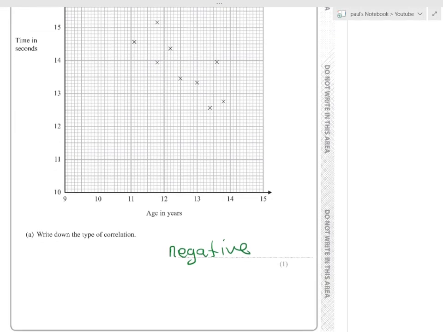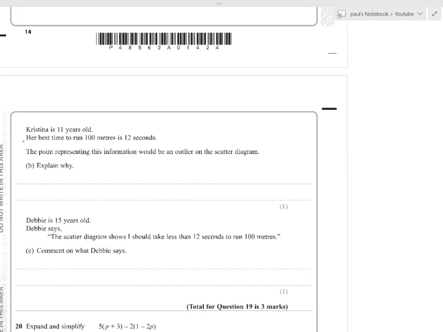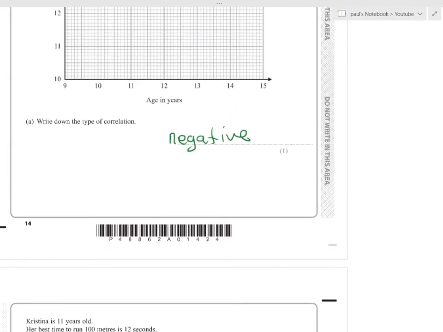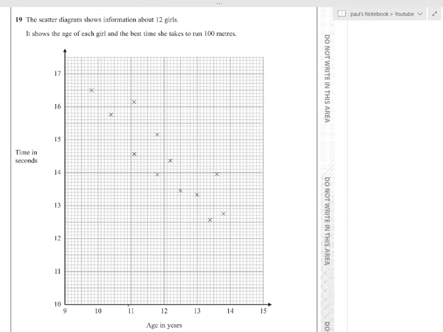Right, so okay. There must be more. Christina is 11 years old. Her best time to run 100 meters was 12 seconds. The point representing this information will be an outlier on the scatter graph. So she's 11 years old and 12 seconds. So let's have a look. It would be there.